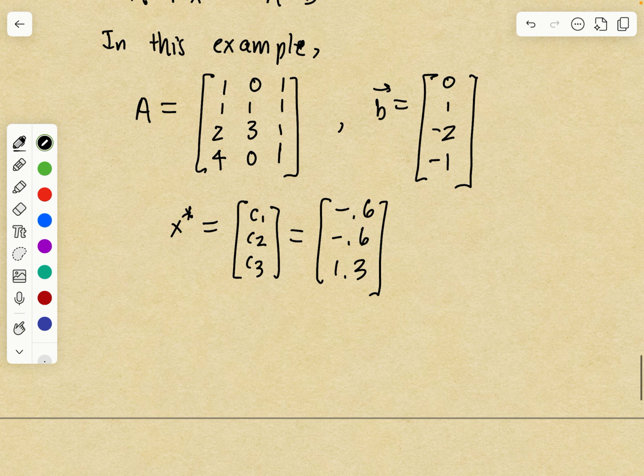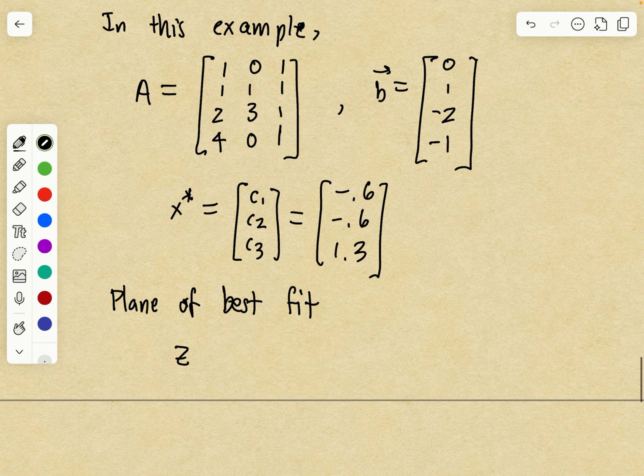And so what that means is that the plane of best fit is z equals -0.6x minus 0.6y plus 1.3. I don't have a graph of these data points, but if you graph them, you'll probably see that it's a pretty good fit to the data points.